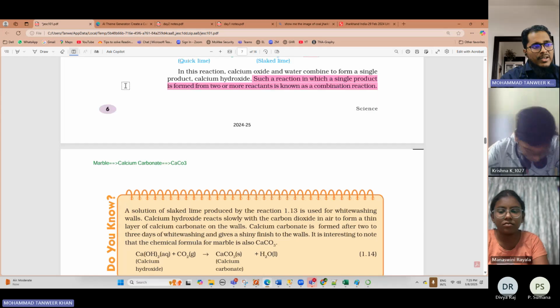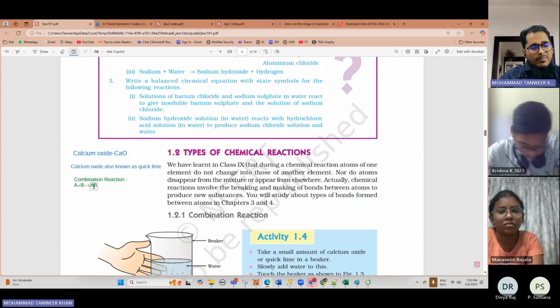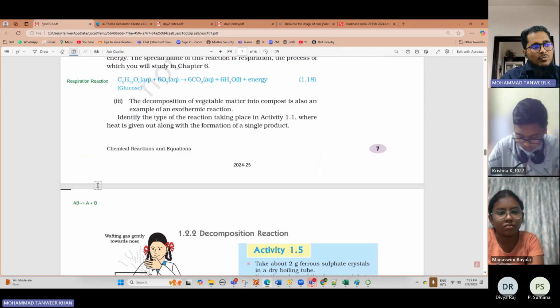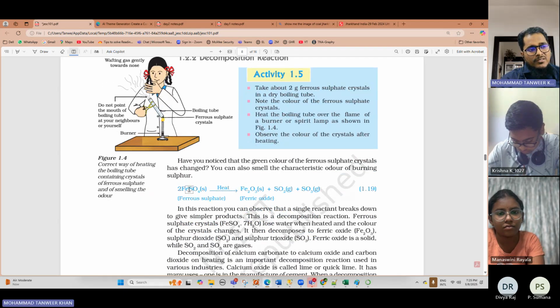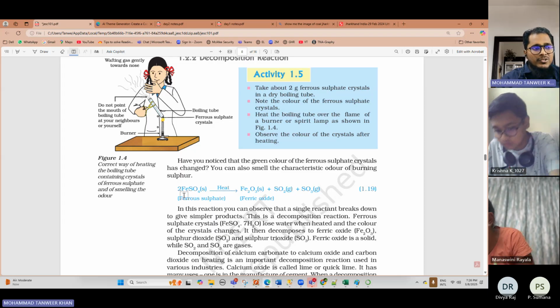But in combination reaction, A plus B gives you AB, so you get one product. But in decomposition reaction, you get two or more products. This is one example: ferrous sulfate, when you apply heat to it, how many products are you getting here? Three products. So this is a good example of decomposition reaction.